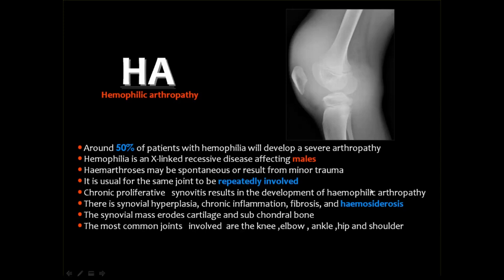Fifty percent of patients with hemophilia will develop a severe form of arthropathy. I have mentioned that hemophilia is an X-linked recessive disease affecting males, and it is usual for a joint to be repeatedly involved by bleeding and the consequences of bleeding.